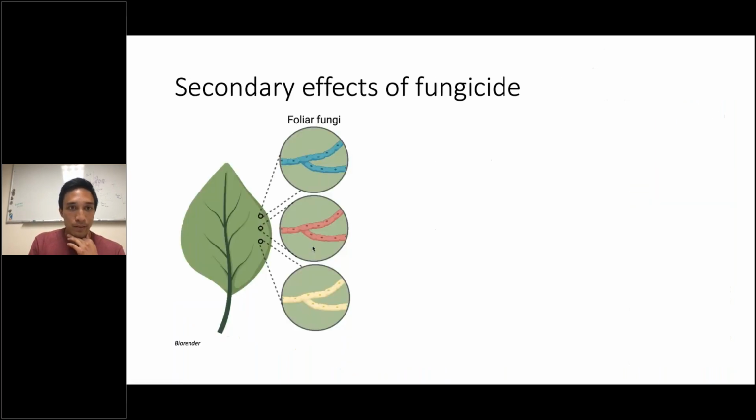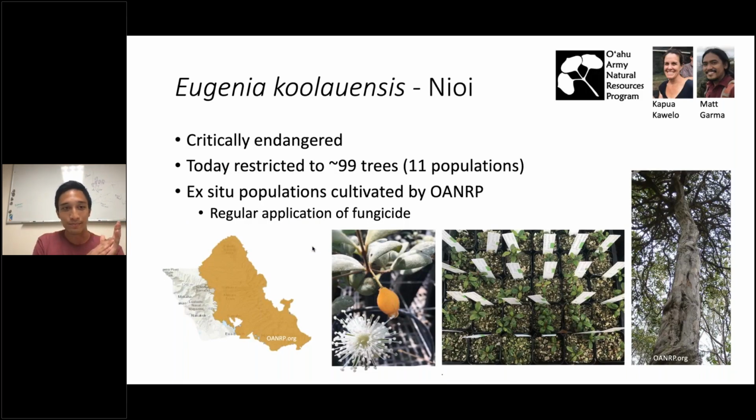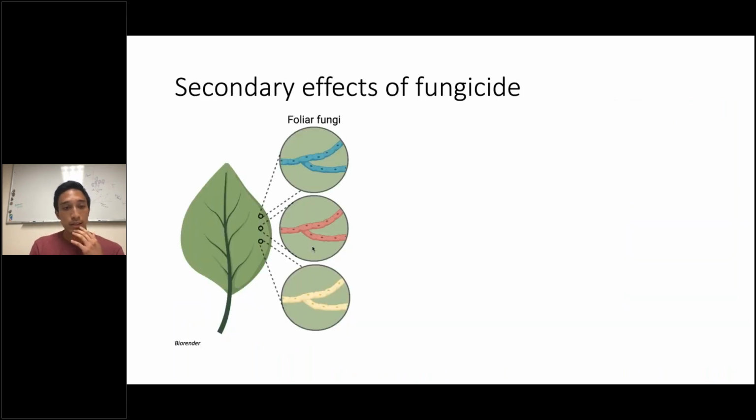So, before I get ahead of myself, even though they're doing a lot of great work with the ex situ populations, when they try to outplant these plants into the wild, they immediately succumb to the rust because of how virulent it is on this species. And so the regular application of fungicides is good for controlling the rust, but it has a secondary effect, which is unfortunate.